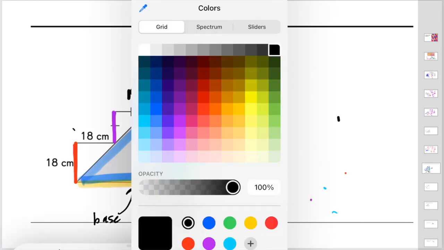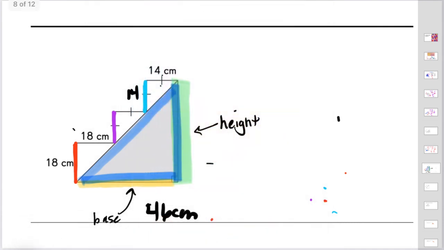Okay, again, we've color-coded this so that we can see that this orange length, which is 18 centimeters, can be visually just dragged over here. And this side then is also 18, or this length over here is 18 centimeters. And then we can look at that purple length, which is also 18 centimeters, and line it up over here.